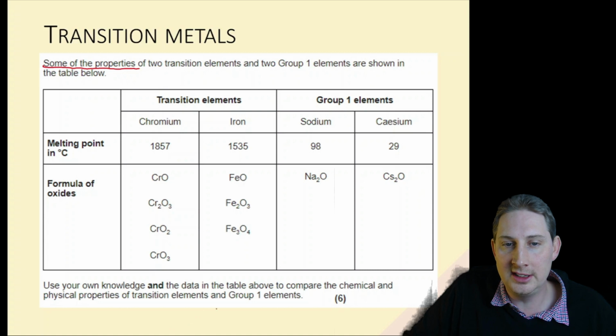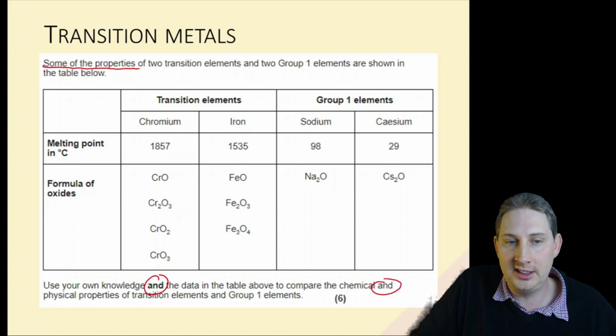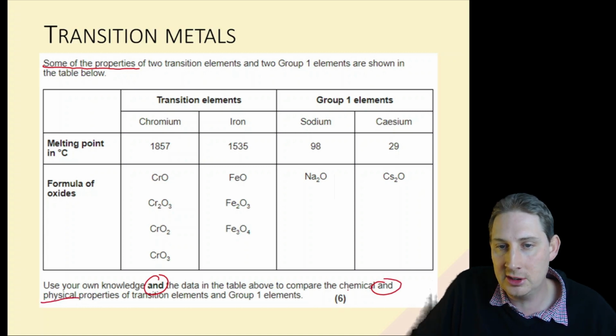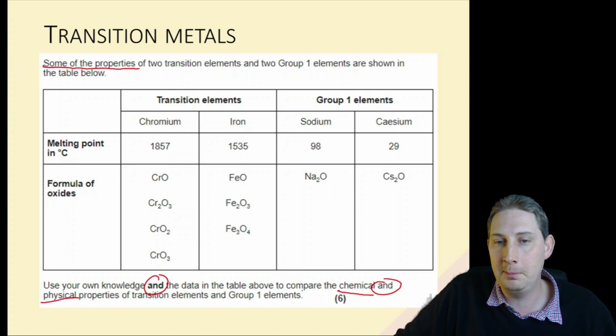Use your own knowledge and the data in the table to compare the chemical and physical properties of the transition metals. Okay, so chemical and physical properties of the transition elements and group 1 elements. And again we've got the compare. Are there any similarities? But certainly, what are the differences?